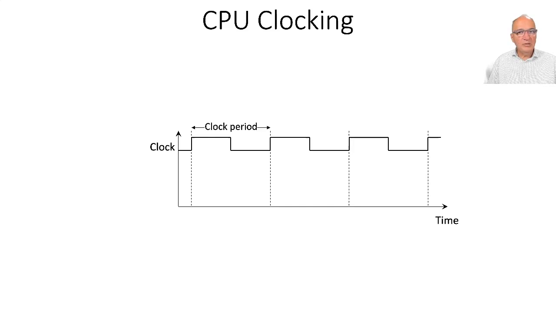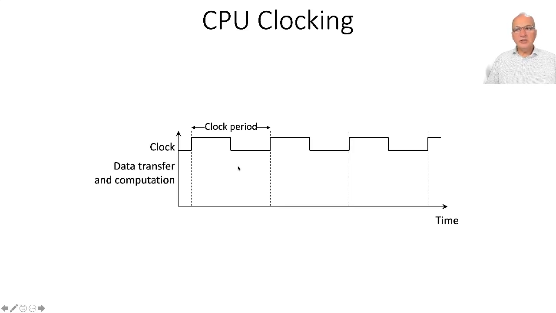And this time is called the clock period, the time that it takes for the clock to go through a full period: from having made the transition from low to high, staying high for a while, making a transition to low, and then making the next transition to high. So during this time, the clock has gone through a full period, and this is called the clock period.